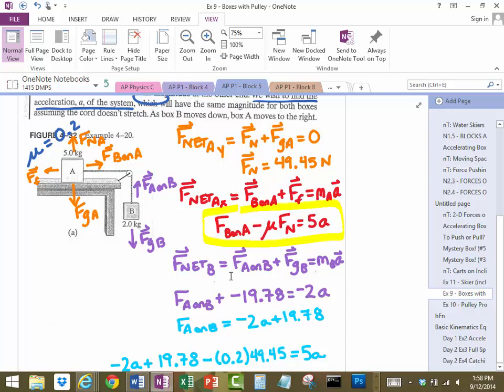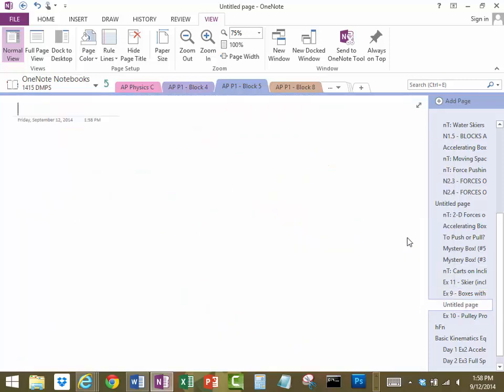So maybe on a new separate sheet of paper, and draw a big line in your notes. I'm going to give myself a new page to do machine lab analysis.